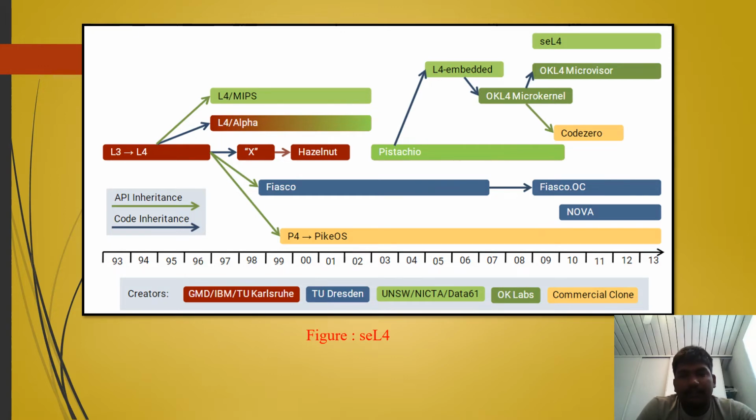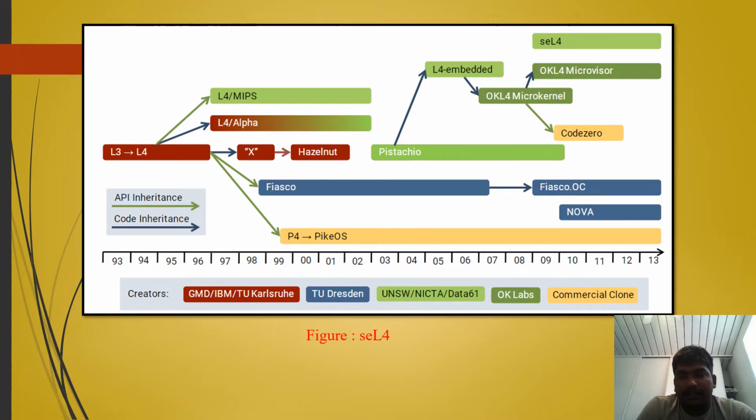From 1993 to 2013, with 20 years in between, developers developed different microkernels like L3, L4, L4 MIPS, L4 Alpha, Hazelnut, Pistachio, OK L4, Nova, and they used different processors while developing these microkernels.